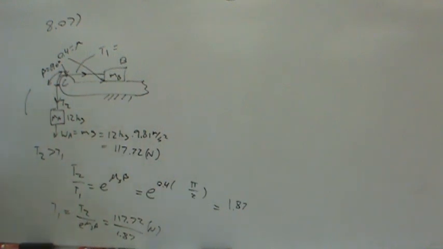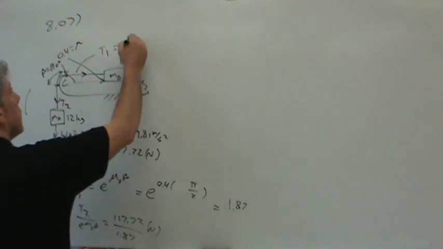So tell me what the tension is on the slack side, the so-called slack side. It's 62.95. 62.95. Yes, sir. Good. Thank you.